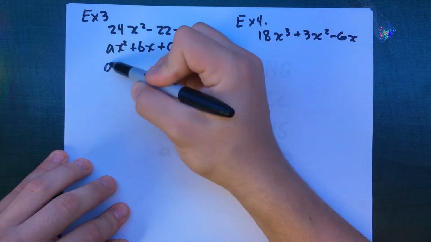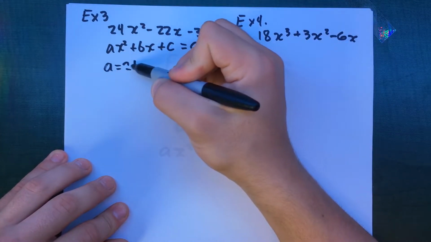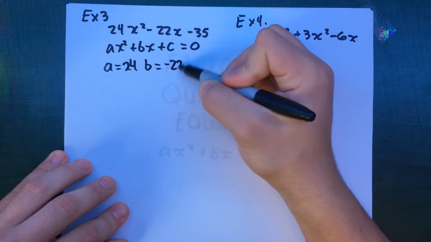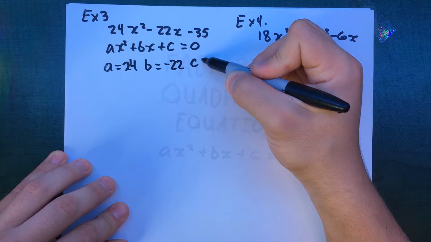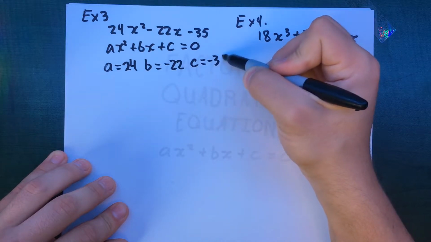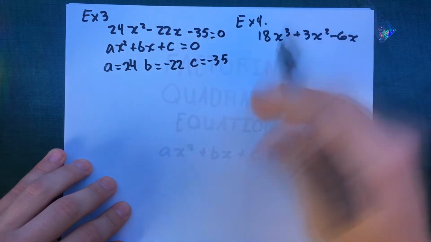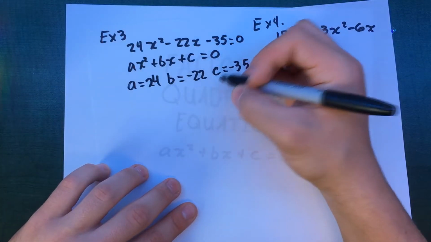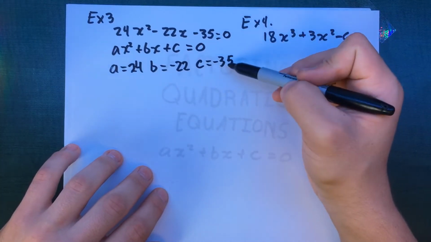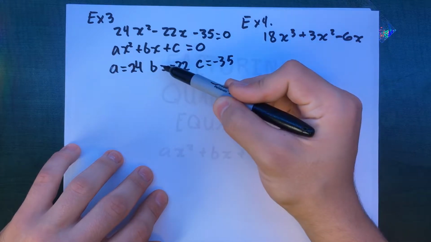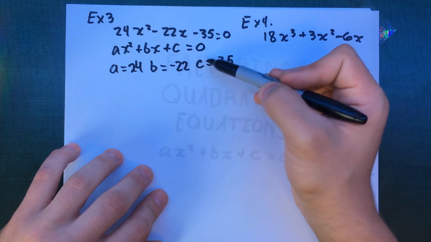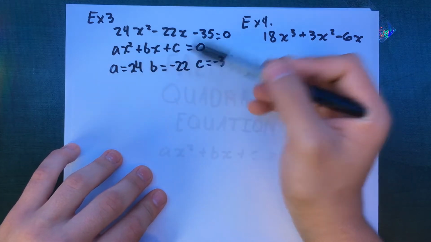So our value for a is 24, value for b is negative 22, and our value for c is negative 35. So when we have values of a, instead of just finding two numbers that multiply to our c value and add to our b value, now we have to find two numbers that multiply to our c and a value and add to our b value.